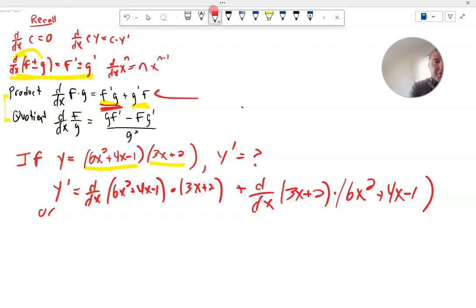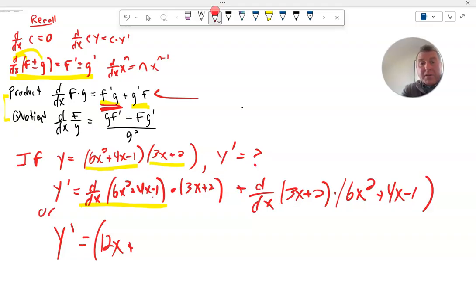Now I just have to differentiate, and then I got a little algebra to work through. So now I'm going to take the derivative of 6x squared. 2 comes down, 6 a coefficient. 2 times 6 is 12. X, power goes down 1 to the first. Plus the derivative of 4x. You can either use coefficient and power, or the derivative of 3x, 8x, 10x, that's linear, is always going to be the coefficient m.